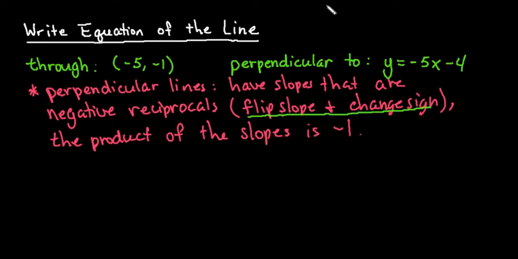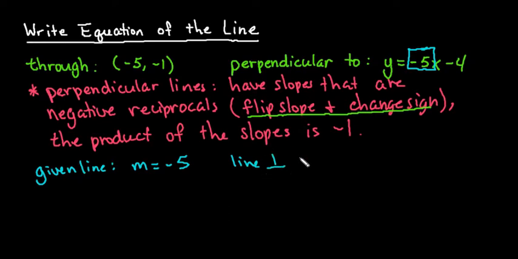So what I mean by that is we're going to look for the line that we're given. -5 is the slope of the given line. So the line perpendicular, and this is just a symbol for perpendicular, the upside down T, means that we're going to flip this upside down.